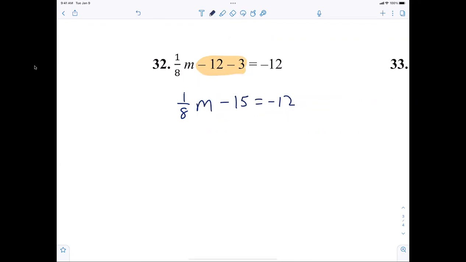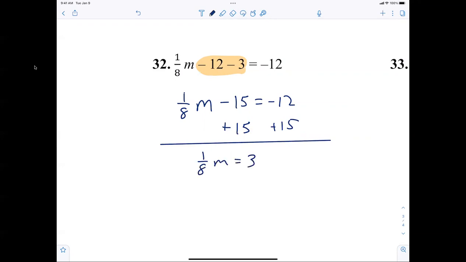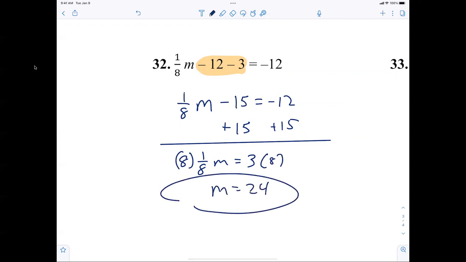Then you'd cancel out the 15, so you do plus 15 on the side that equals, so you get 3. Yep. So then you have 1/8 m equals 3. So you do the reciprocal, 8 times 3 is 24. So m equals 24. Easy, easy, easy.